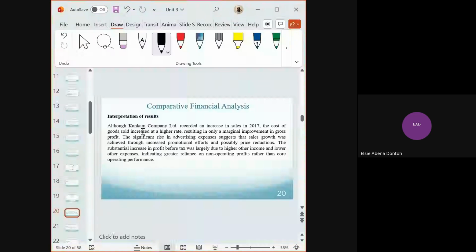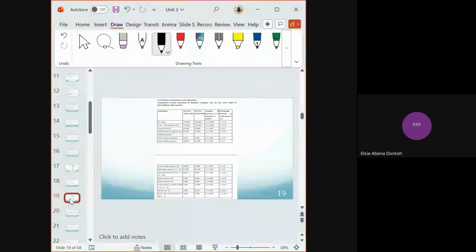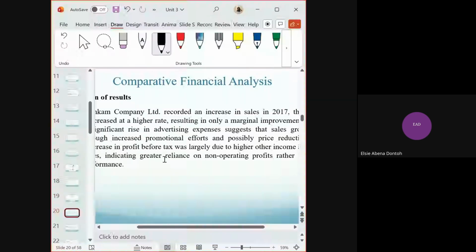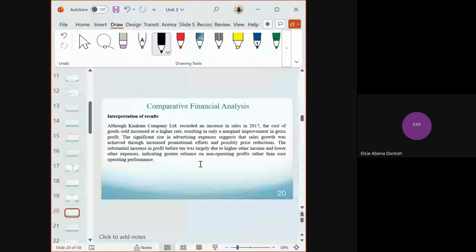We also see an increase in advertising expenses, meaning that for them to increase their sales, they had to invest more in advertising, which suggests that sales growth was achieved through increased promotional efforts and possibly price reduction. The substantial increase in profits was largely due to higher other income, which is mostly temporal, and lower other expenses, indicating greater reliance on non-operating profits rather than core operating performance.